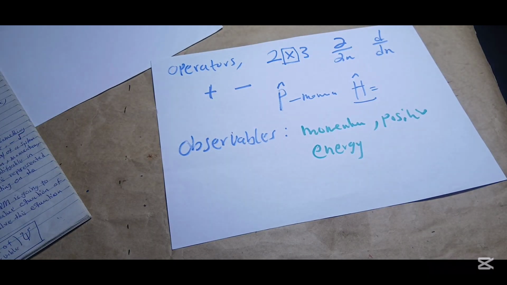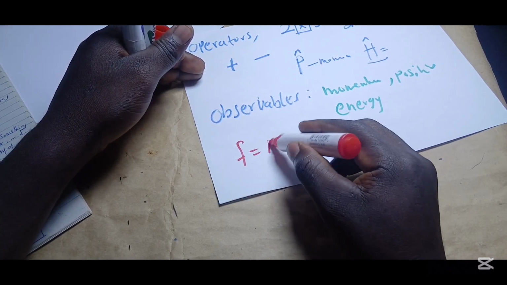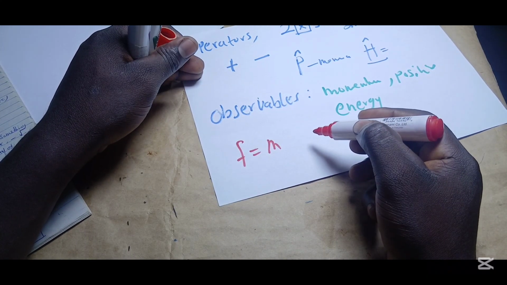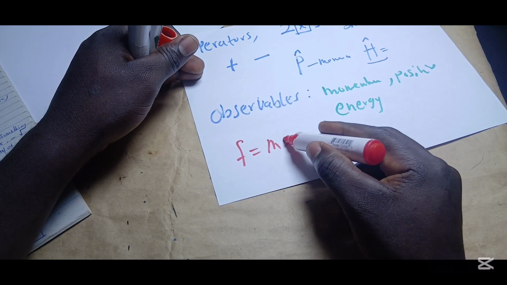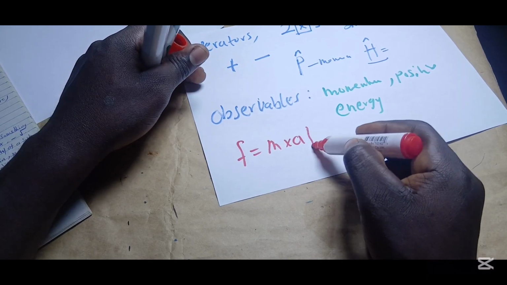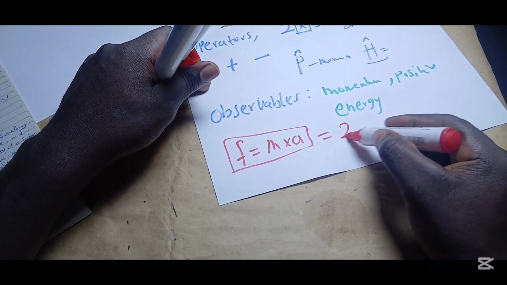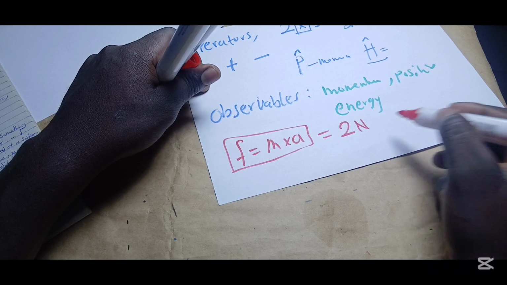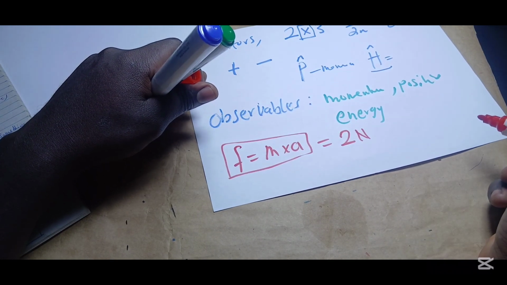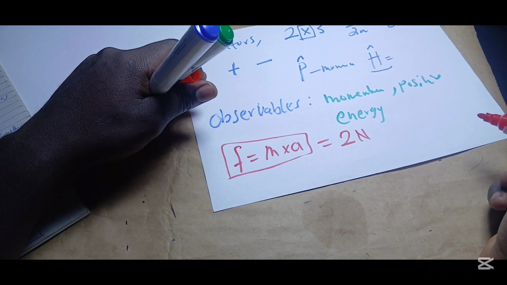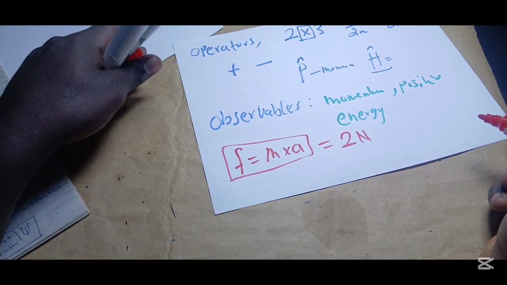In classical physics, if you measure the force exerted on a substance as the mass of the substance multiplied by its acceleration due to gravity, whatever you get, let's say you get 20 Newton, this 20 Newton is enough to explain the system that we are talking about, the object whose force we are measuring.